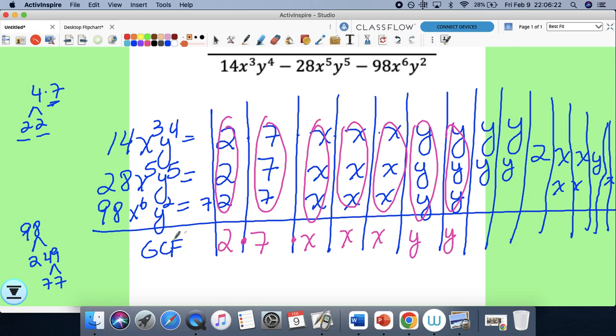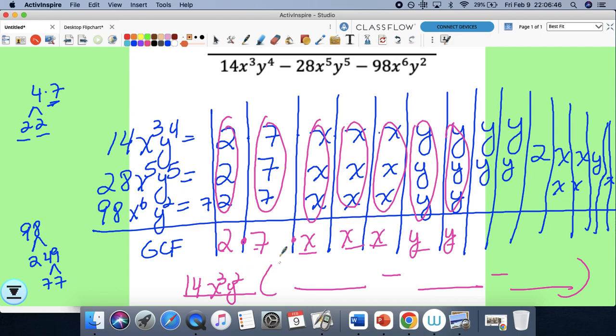If I multiply that, 2 times 7 is 14, and I get x cubed. Let me write it at the bottom. We need 3 terms inside, and the number outside is going to be 2 times 7, which is 14, x to the third power, y to the second, because there's 3 x's and 2 y's.